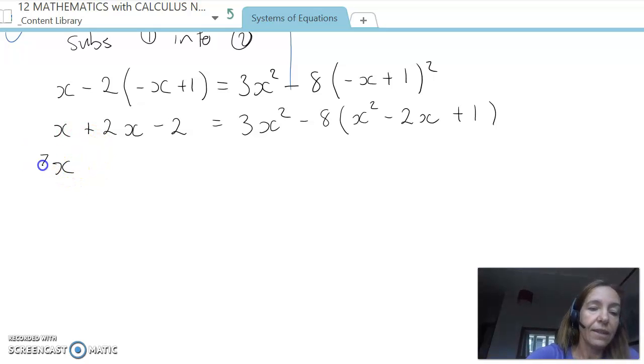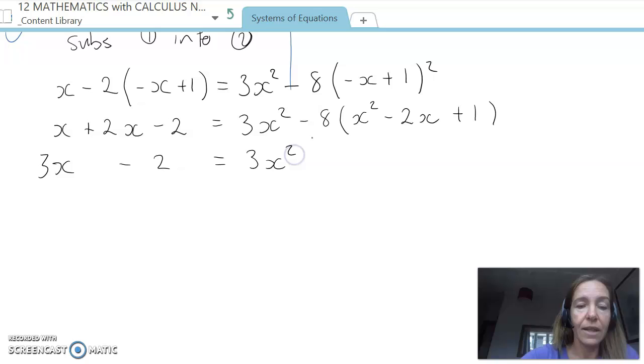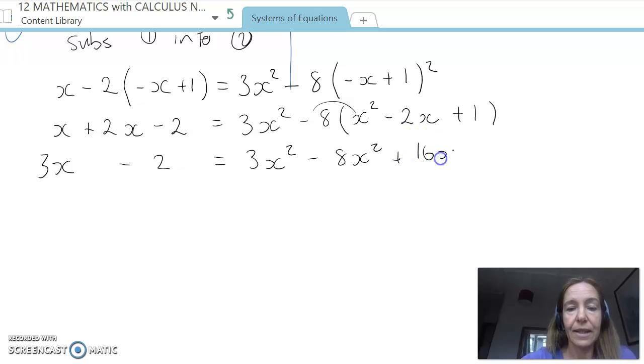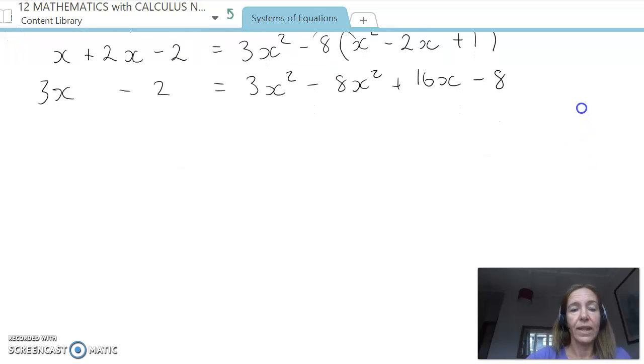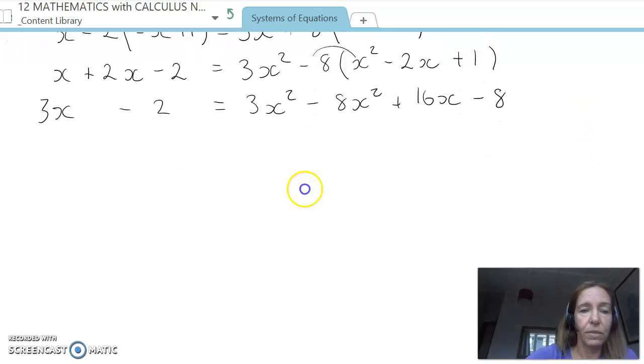x plus 2x gives me 3x minus 2 equals 3x squared minus 8x squared plus 16x minus 8. I can now get everything on one side and add up all my like terms.